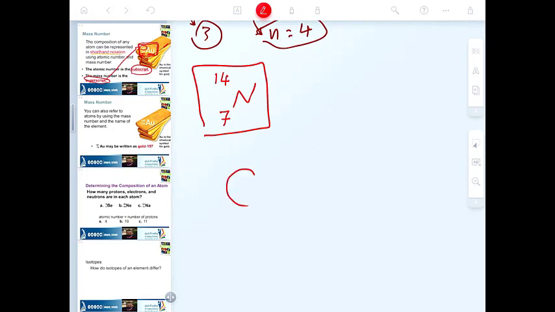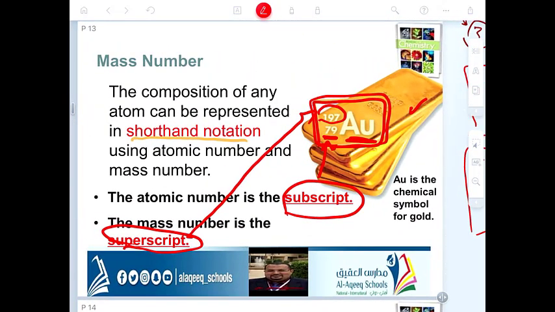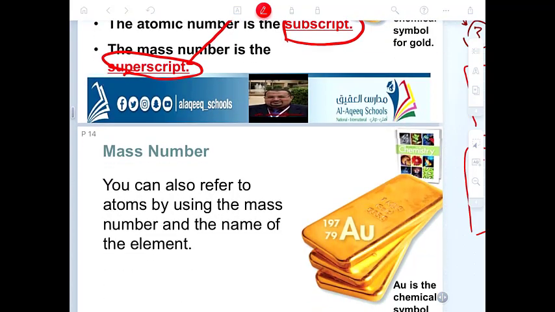Carbon has atomic number 6 and mass number 12. This is the shorthand notation for carbon. Sodium, Na, has atomic number 11 and mass number 23. This is the shorthand notation for sodium as well. This is the shorthand notation to represent the composition of the atom.